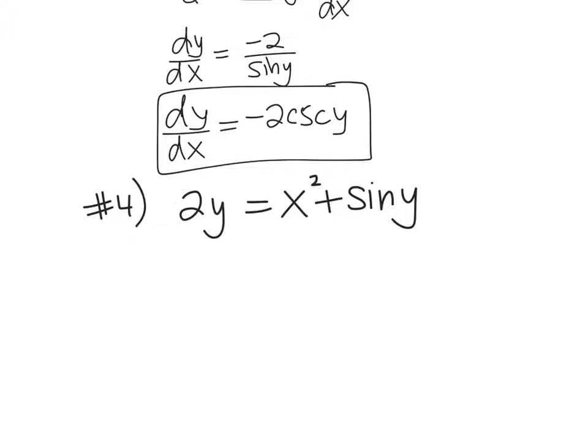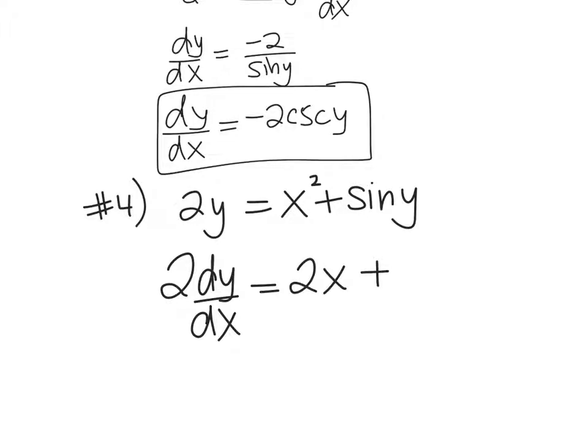All right, so let's take all the derivatives, all the things. They're all separate. There's no product rule going on, so we're okay. So the derivative of 2y would be 2 dy dx, exactly. Equals, the derivative of x squared is 2x plus the derivative of sine y, cosine y, dy dx.